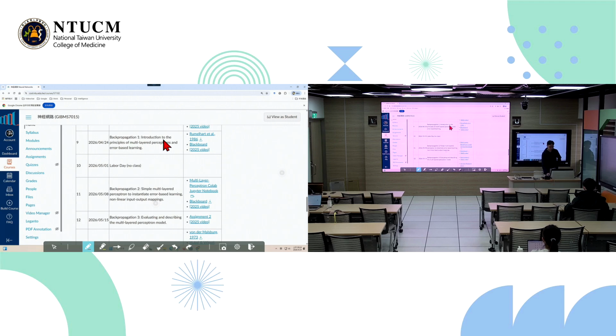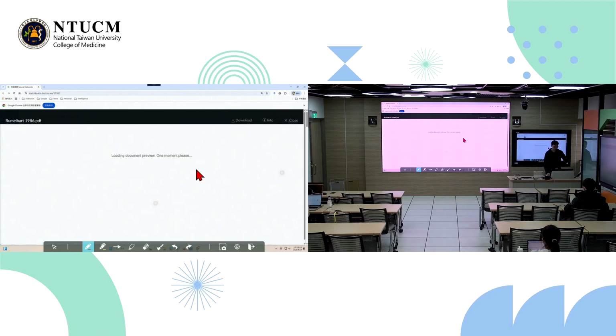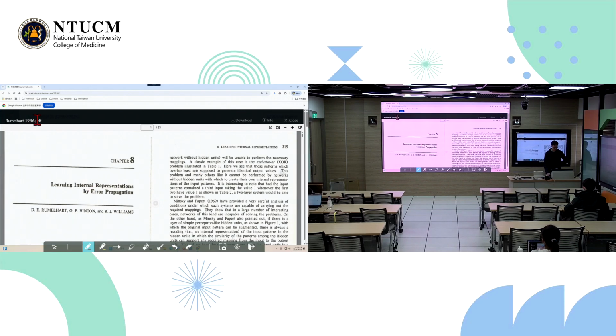And for backprop, before I go into my part of it, again, to introduce to you, this is the Rumelhart chapter, and if you see the second author here is G.E. Hinton, Geoffrey Hinton, is again a Nobel Prize winner, okay, and obviously he won the Nobel Prize for his work in backprop, okay. And in fact, this guy is a big contributor to all the ChatGPT and Gemini and whatever you have today, okay?